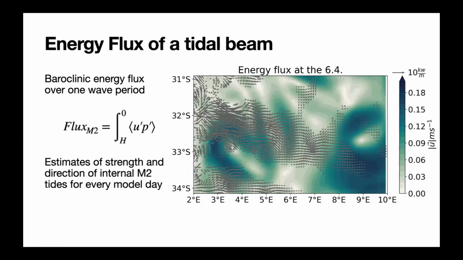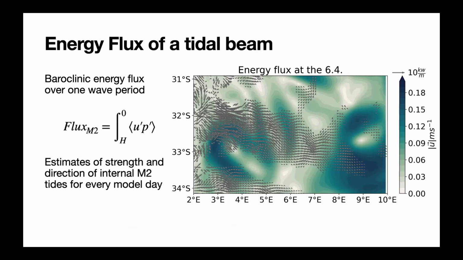And for this, I'm looking at the energy flux of my internal tides, and we already heard some things about how to calculate energy fluxes today. I do it a bit more simplistically. My flux is just calculating the U prime times P prime over 2 wave periods and integrating it over the whole water column.